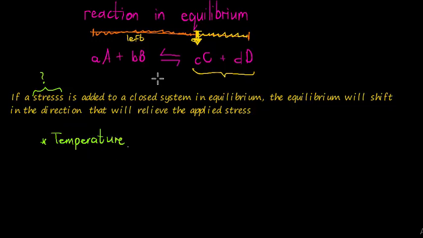Our question would be, which side will benefit from energy added to the system? If we add energy to the system, we're actually adding a reactant. Now which side of the equation needs temperature as a reactant?